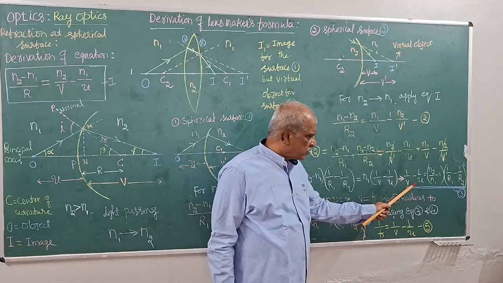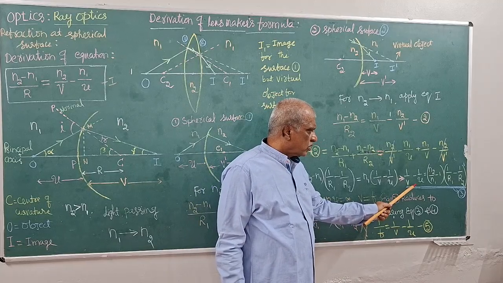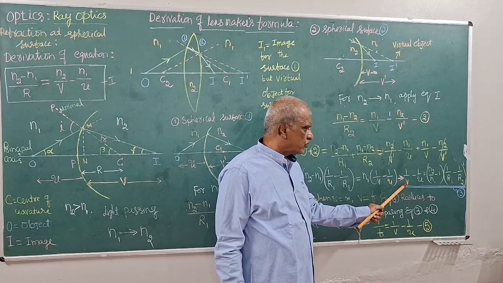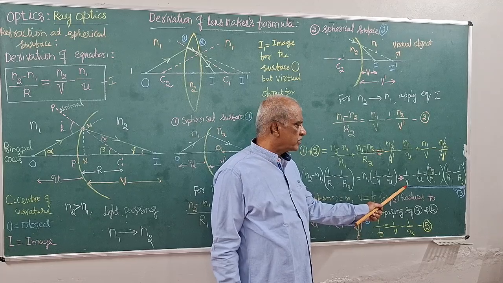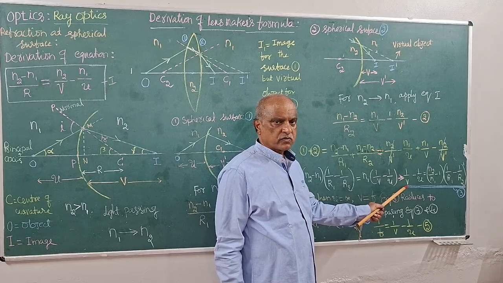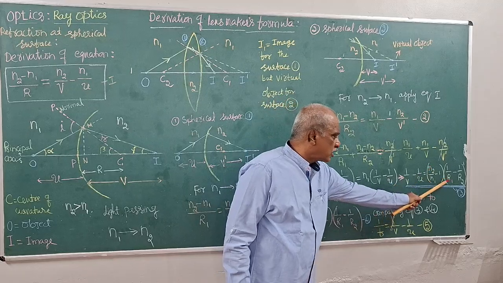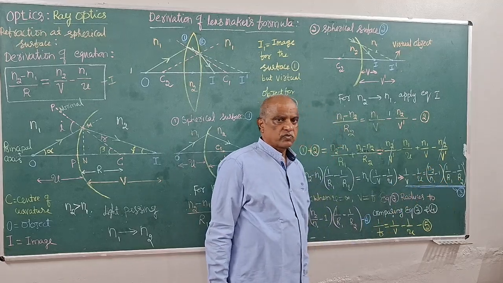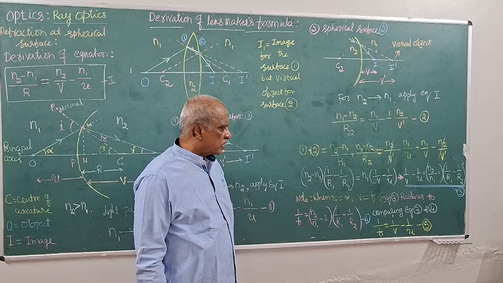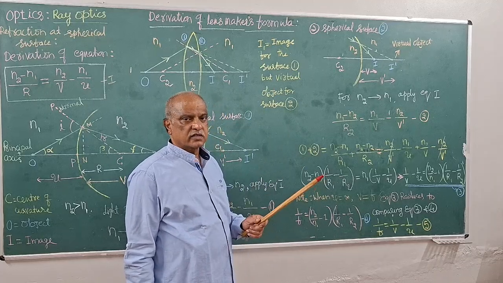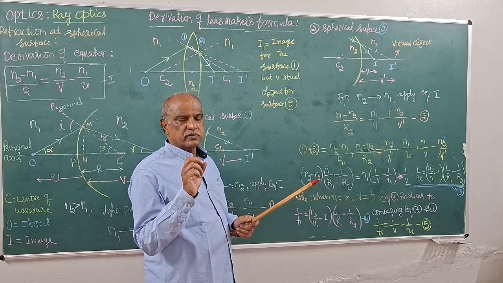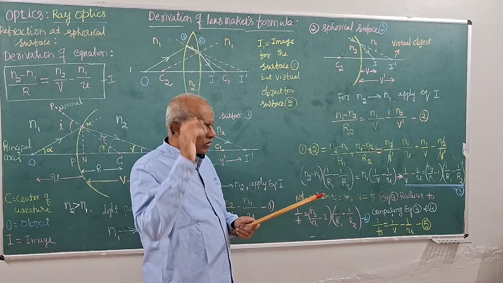We can use this equation for the calculation of v, that is, the position of the image expected, using these values. Suppose the object is at infinite distance, like viewing objects at interstellar distances.